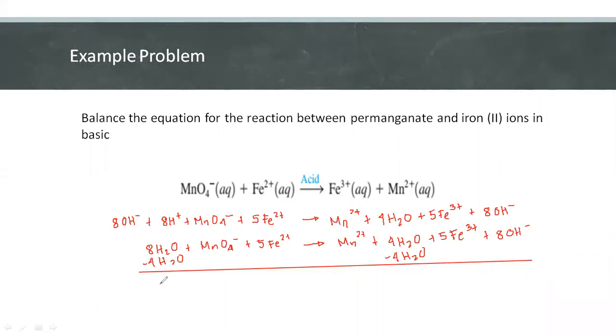So now we have 4 H2O plus permanganate with negative charge plus 5 iron 2 plus, arrow manganese 2 plus, plus 5 iron 3 plus, plus 8 hydroxide.